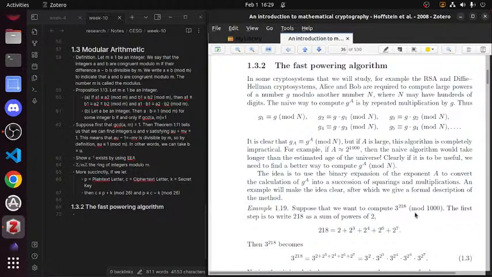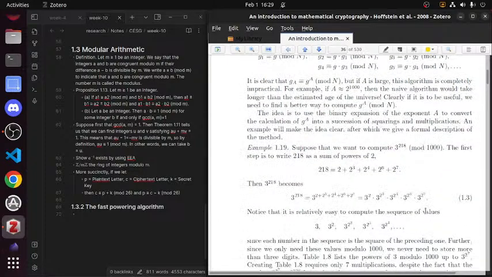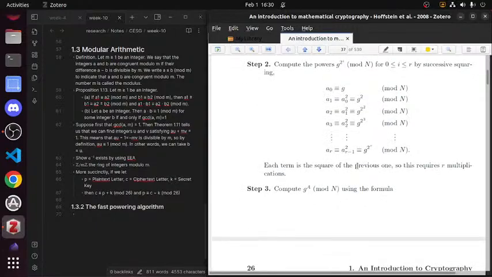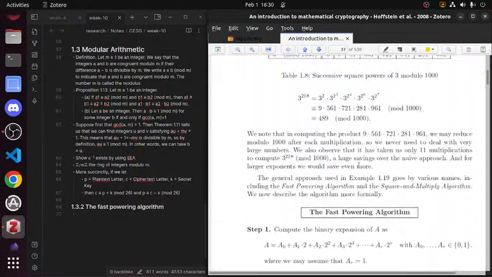I guess there's no remainder still, though. Mod 1,000. So you only want the first 1,000 digits, because you're always cutting off the rest. Well, sorry, not the first 1,000 digits. The first, like 3 digits. See, they make it sound so simple, but I'm sitting here like, how do you get those powers? It's not that easy.